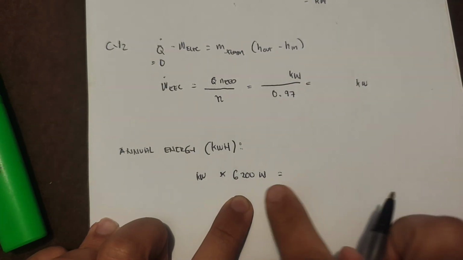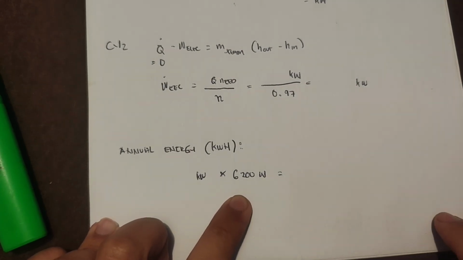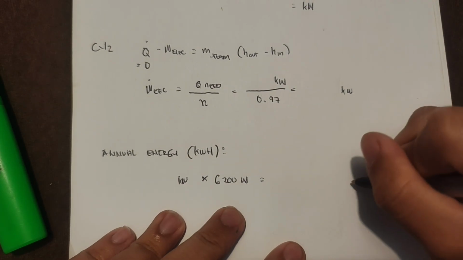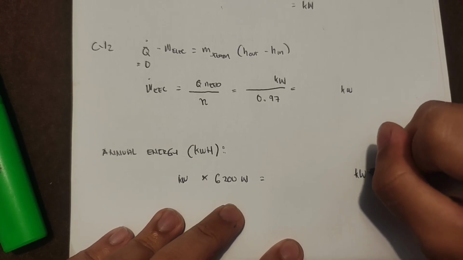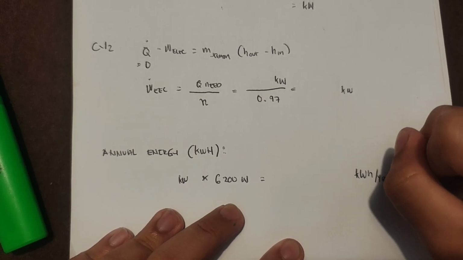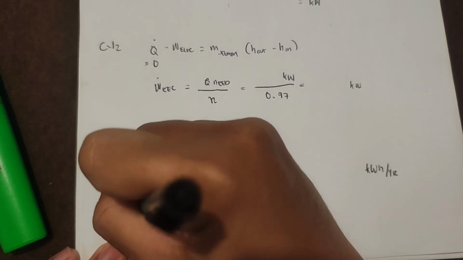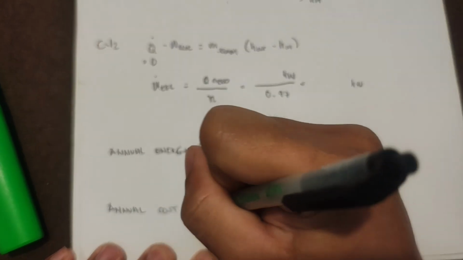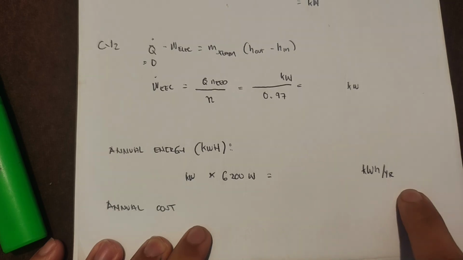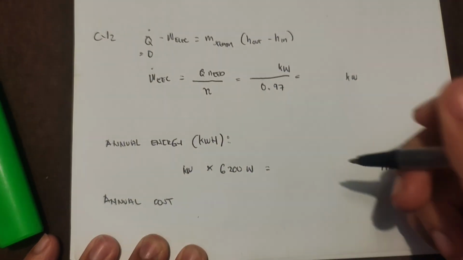Now we have the total, whatever answer it is, for our kilowatt hour per year, and our annual cost will be this answer.